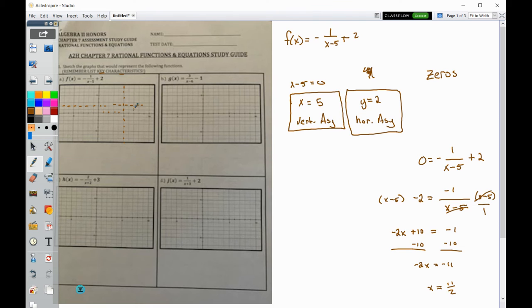So I just got myself confused for a second. This would be where y equals 0. So the point 11 halves, 0 would be one of the zeros of this function. 5.5 would be just past this right here.